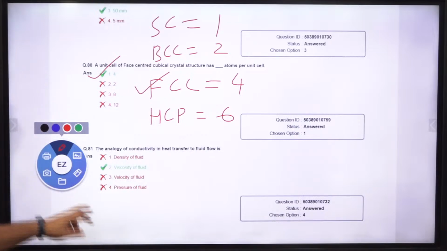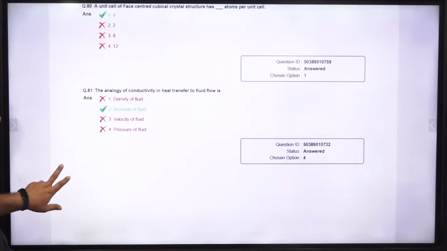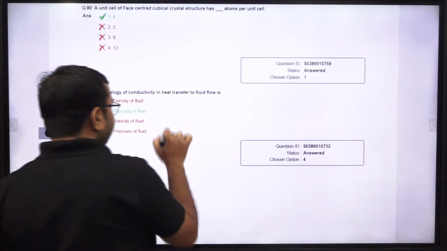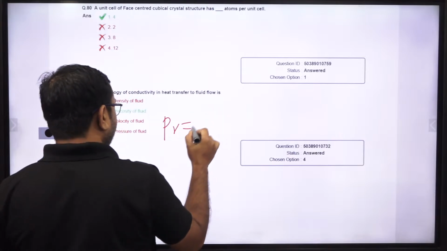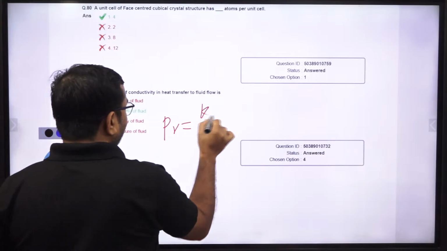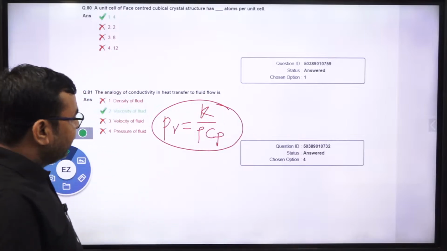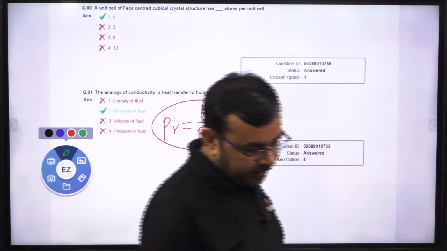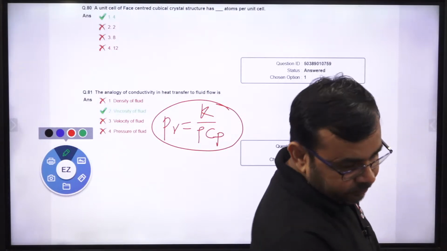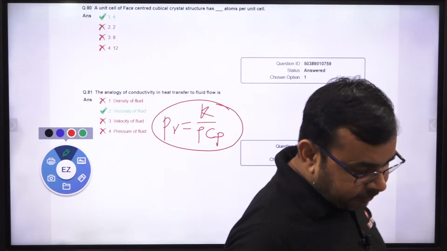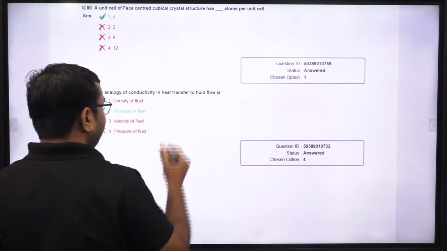The analogy of conductivity in heat transfer to fluid is, obviously, from the Prandtl relation. How do you represent the Prandtl number? Yes, mu Cp by K. I was writing it wrong.